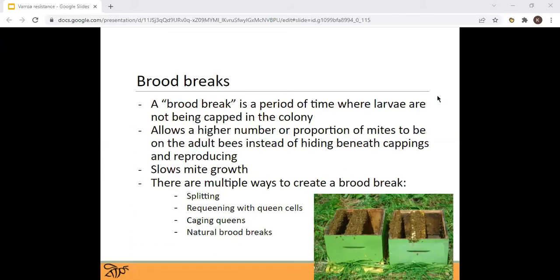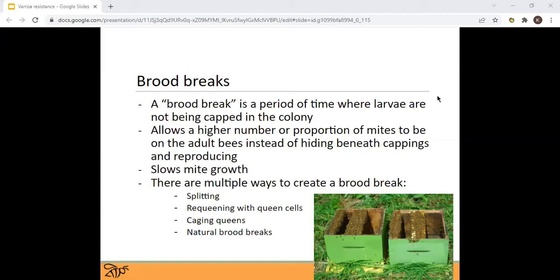So another effective way that you can control Varroa mites in terms of a cultural control method in your colony is brood breaks. So a brood break is a period of time when larvae are not being capped in the colony. So this has two benefits.